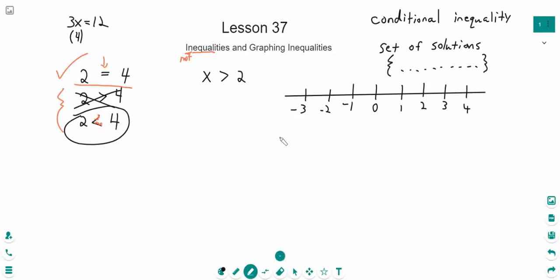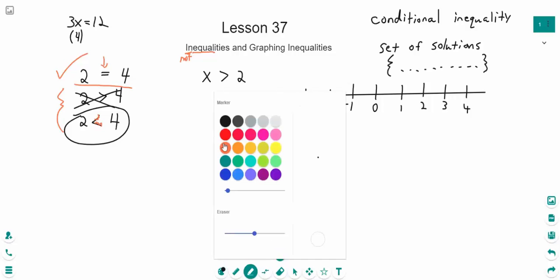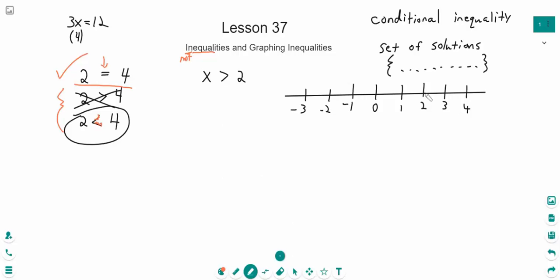To give the solution, we are going to graph the set of solutions on this number line. We're going to draw a picture of the solutions instead of writing all of them out. To draw it, we need to say that x is greater than 2. So where does that put us? Here's our 2, and x is anything that is greater than 2, so x is anything in this direction.